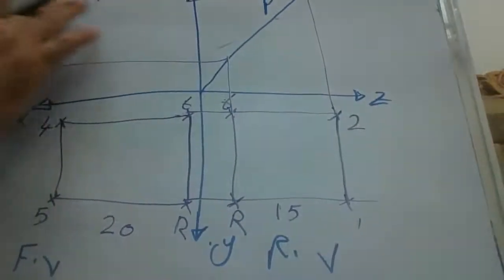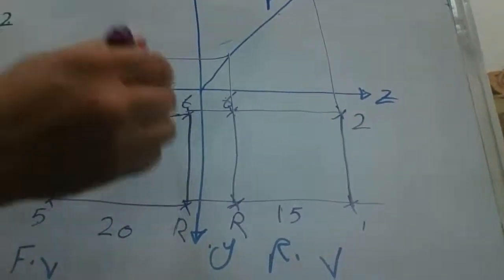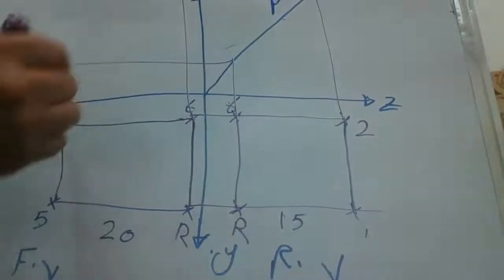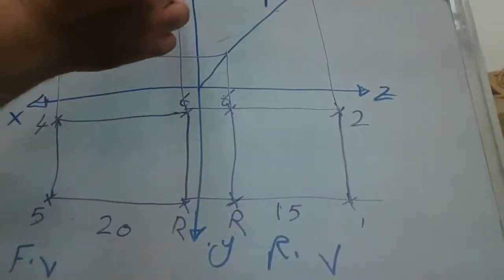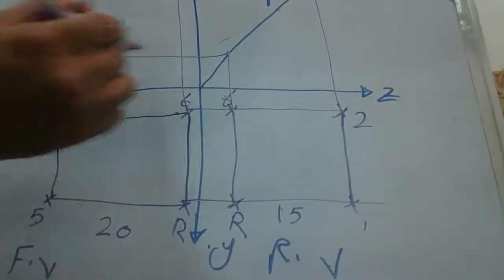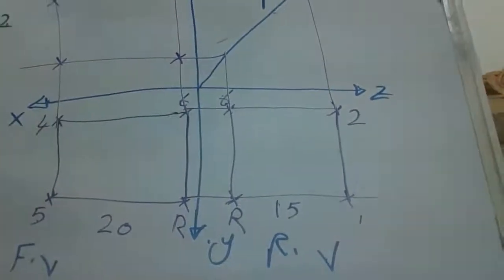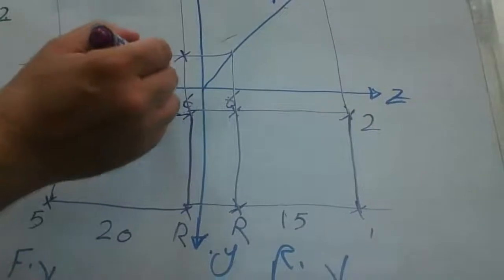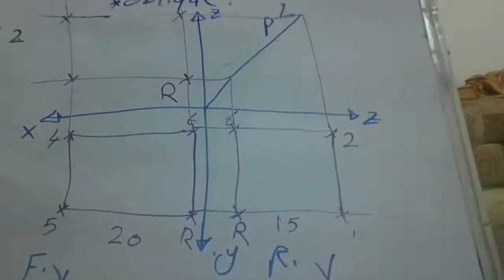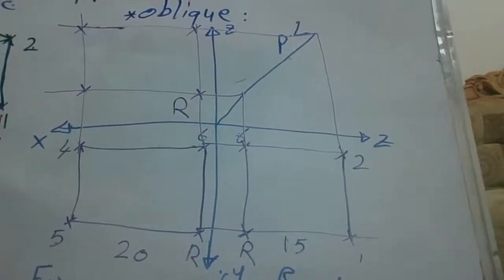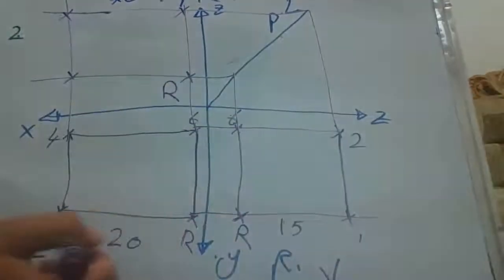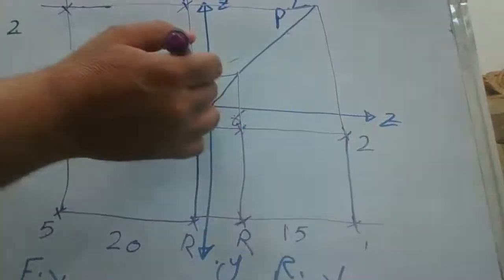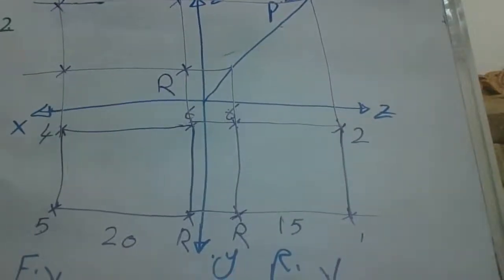From the front view and from the right side view, we can find all the points for the top view. R also lies at this point. By crossing the R point from the right side view and the front view, we can find R here.